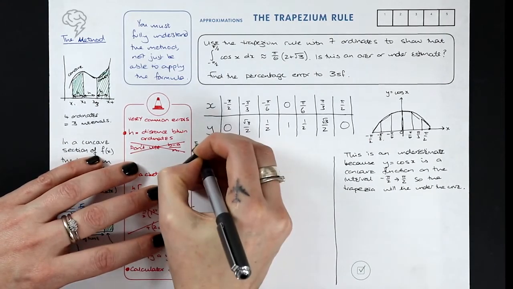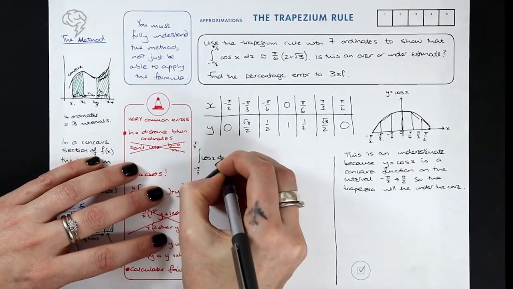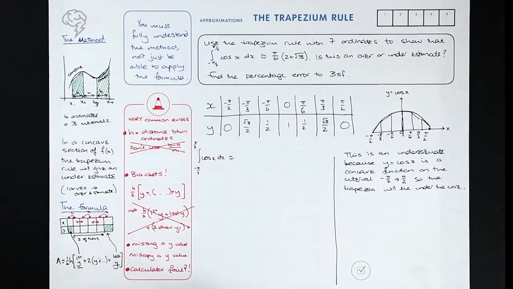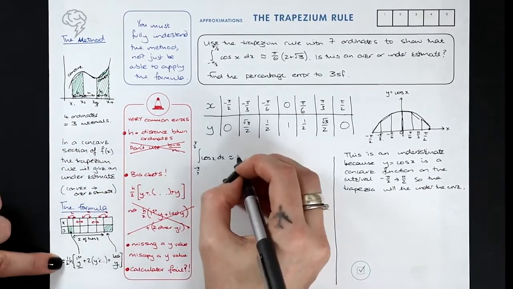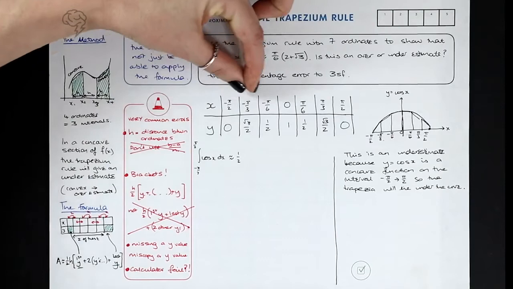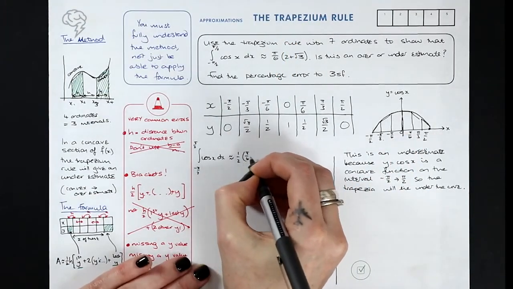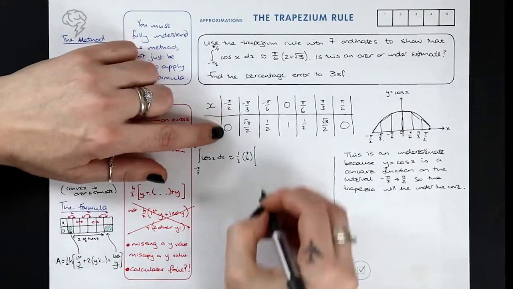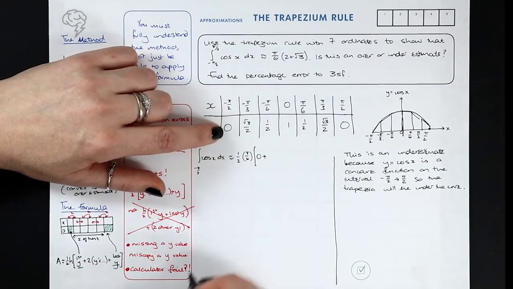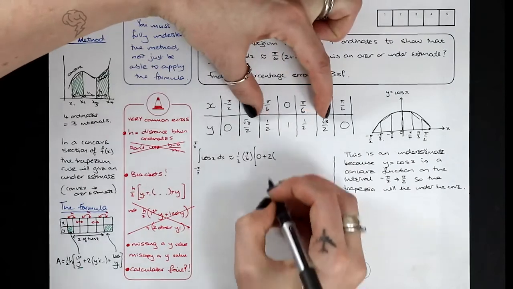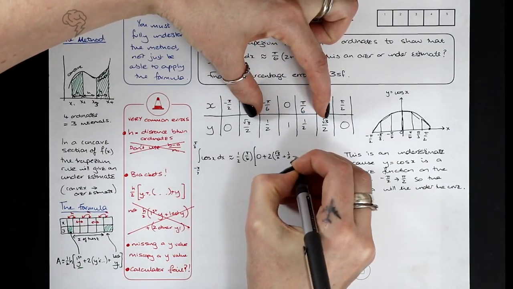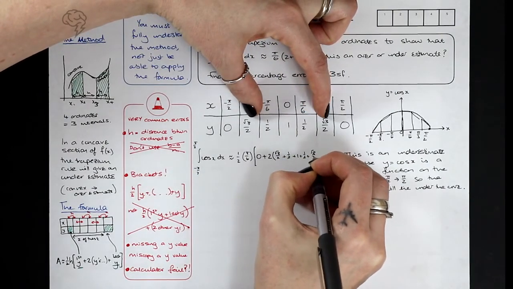So the area underneath cos x from minus pi by 2 to pi by 2 is approximately equal to 1/2 of h. h is pi by 6, h is the distance across here. Big square bracket, the first y, I'm writing it in anyway to show my method, and then 2 of all these ones, and then that one.